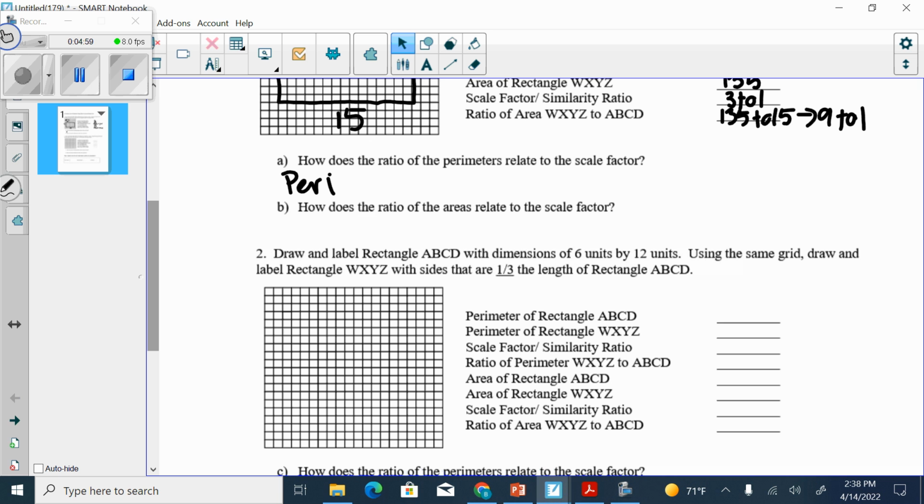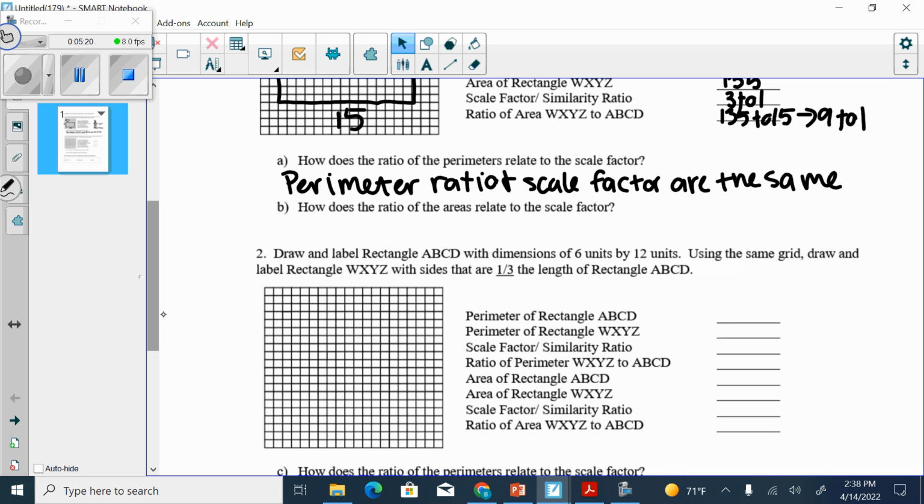So perimeter ratio and scale factor are the same. Okay. They then ask, how does the ratio of the areas relate to your scale factor? Square. Very good. The area ratio is the square of the scale factor.